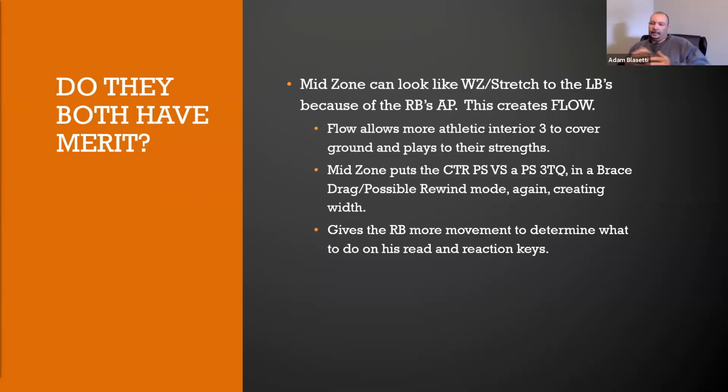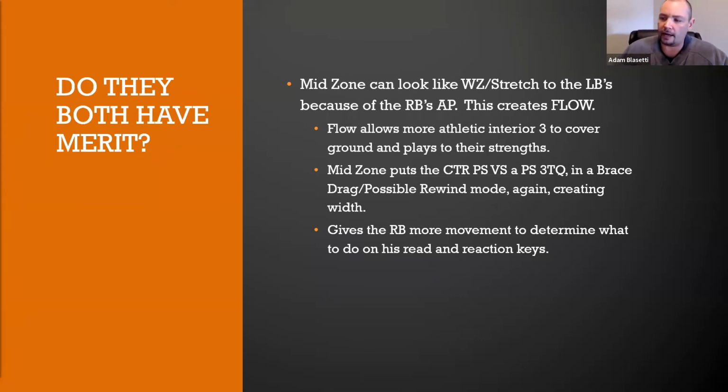Mid zone, again, can look like wide zone or stretch to the linebackers because of the running back's aiming point and how he opens up his hips through the mesh point. This creates a ton of flow for your linebackers and even your D linemen, and I'll get into how that is created in a little bit.